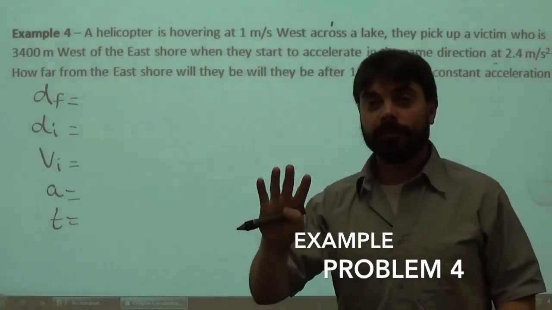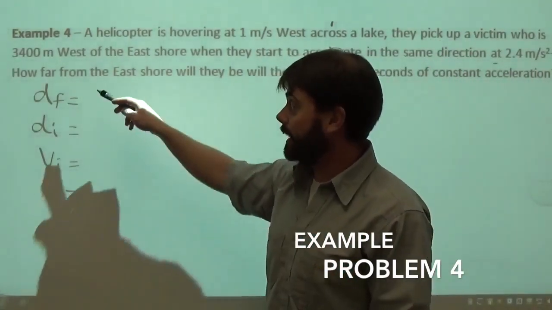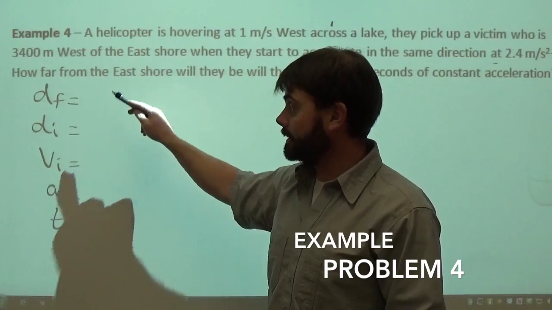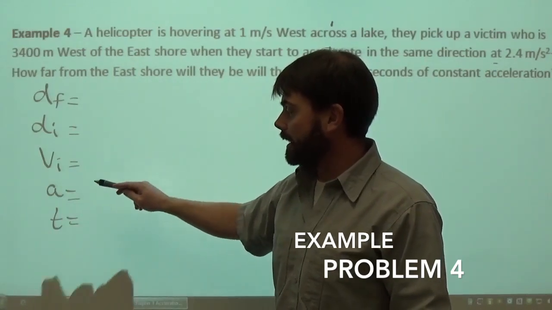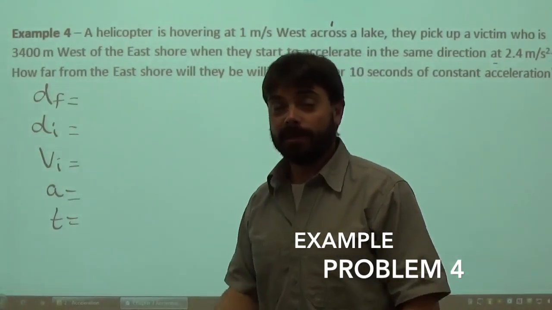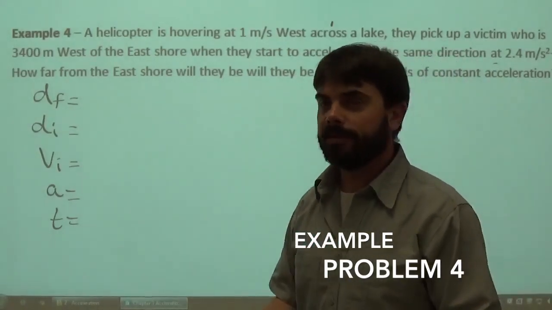In example 4, we have more variables to list. We have distance final, distance initial, velocity initial, acceleration, and time. We'll list the ones we know and see which one is the unknown.